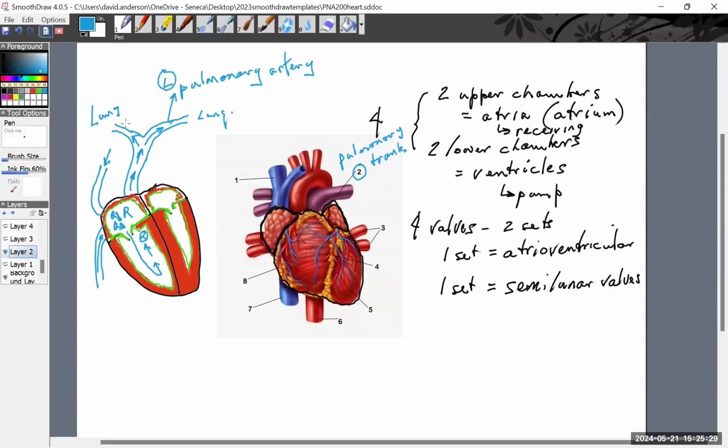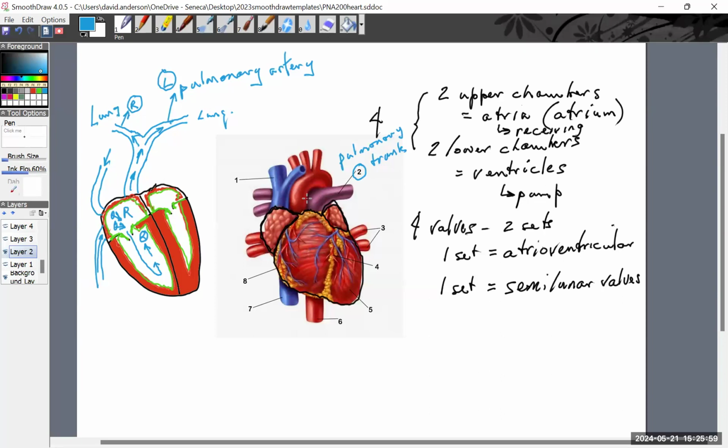Okay, and this one would be the right pulmonary artery, going to their respective right and left lungs. That's where that terminology is coming from. So the trunk is before the division. Okay, everybody's with me so far? Yes. Okay.